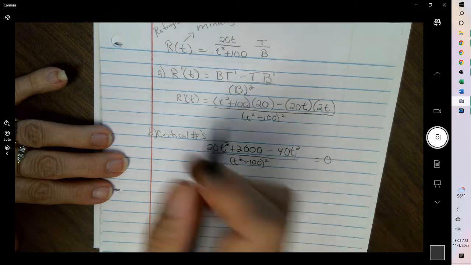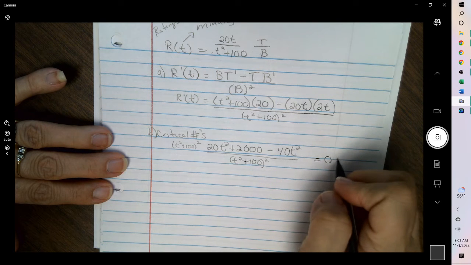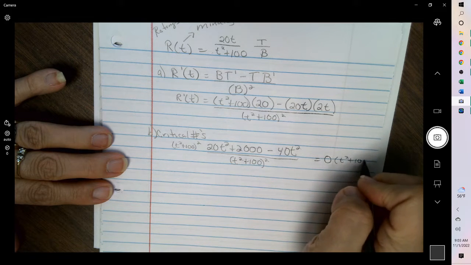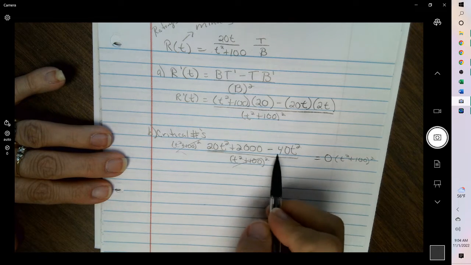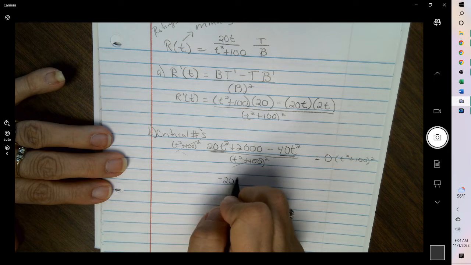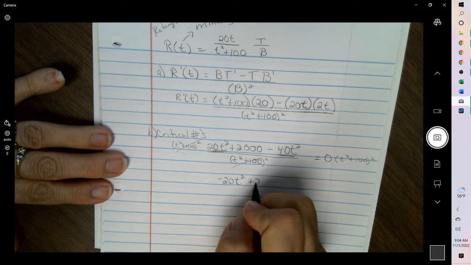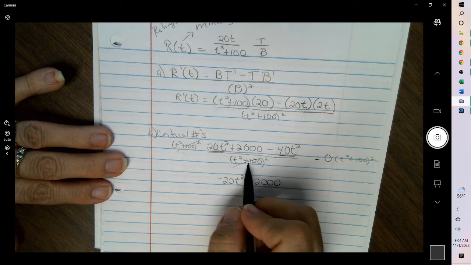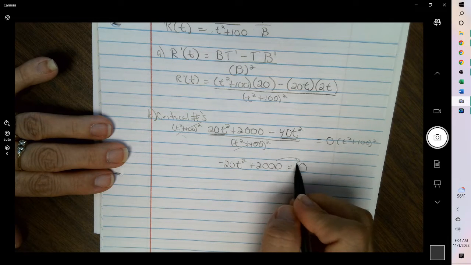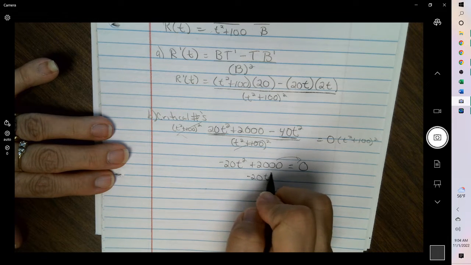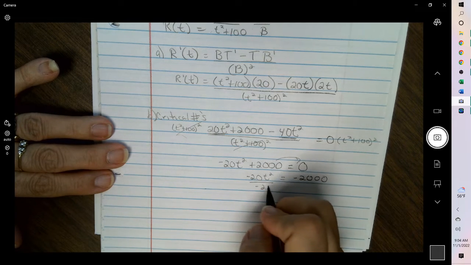I'll get rid of this by multiplying both sides, so that this cancels, and I'm also going to combine these two terms. Negative 20t squared, because 20 minus 40 is a negative 20, plus the 2,000. And then this cancels, and it's equal to 0, since 0 times anything is 0. Subtract the 2,000 to the other side. Divide by the negative 20.